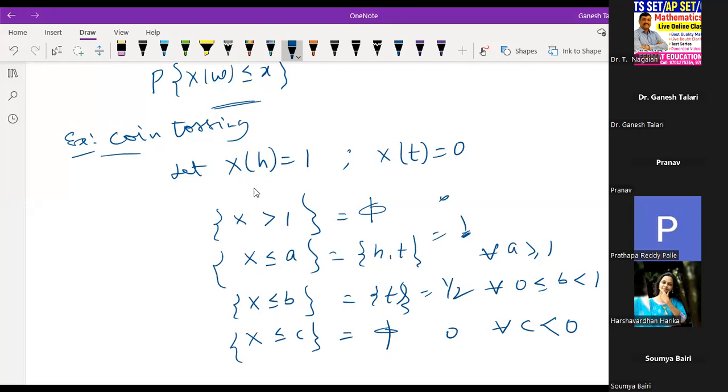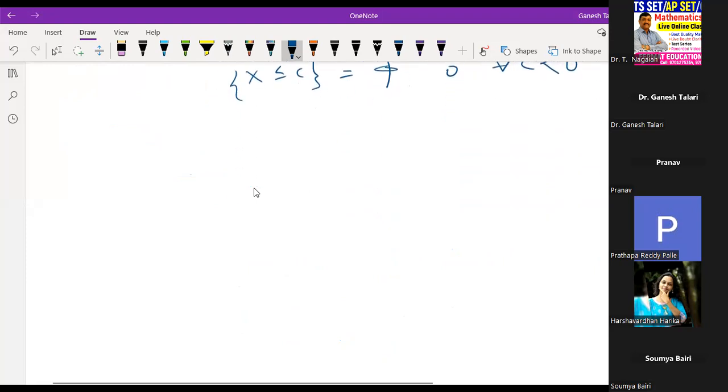Okay, so the properties of the distribution function, simple properties.